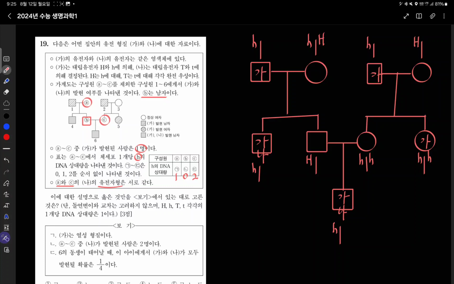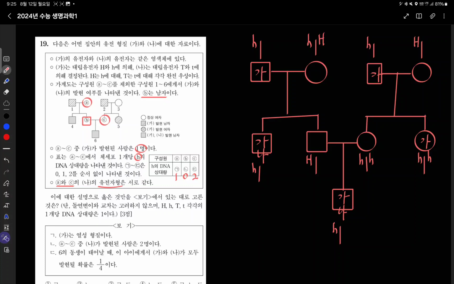And then if we think about the second trait, it is likely that second trait is also recessive because there are more people who don't have the trait than people with the trait.